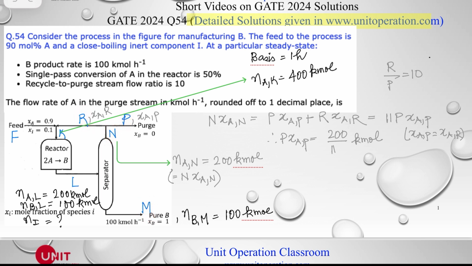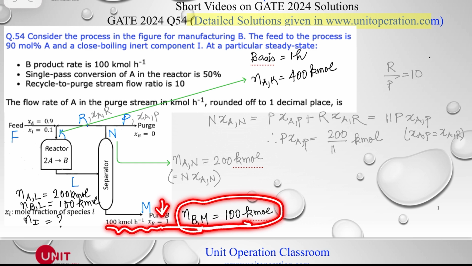Now, since this is a splitter, the composition of N must be equal to the composition of P, which is the same as the composition of R. Okay. So on the basis of 1 hour, we can say the moles of B in this stream is equal to 100, because that's what is given.